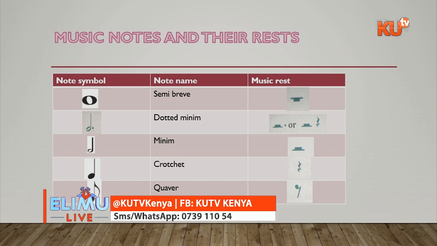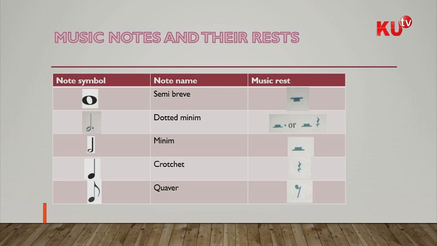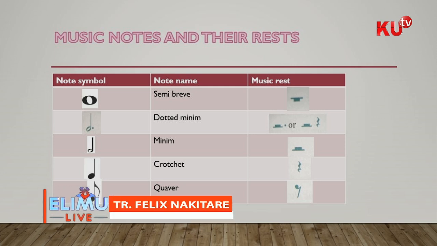Then when we go to the next slide, we now can see each of the music notes, their names, and the rest that they represent. When we look at the first one, we have the semi-breve, and we have its note there.